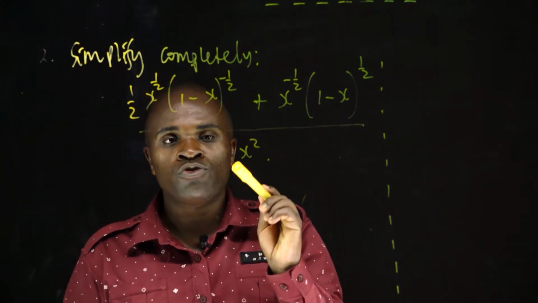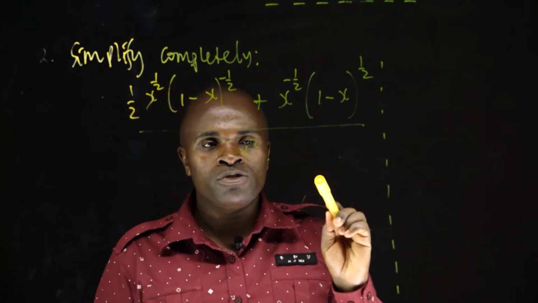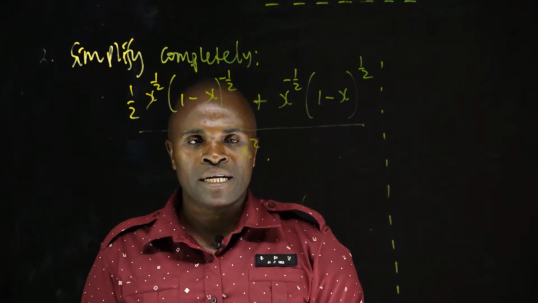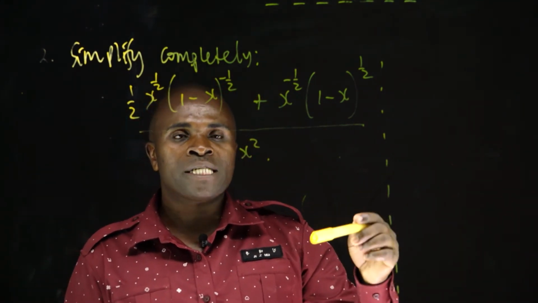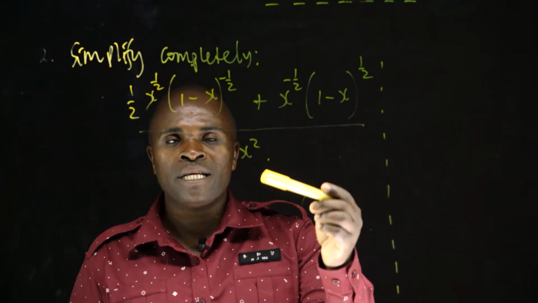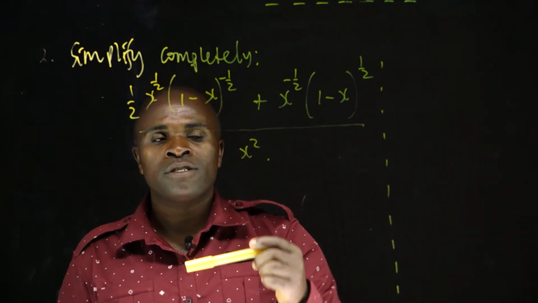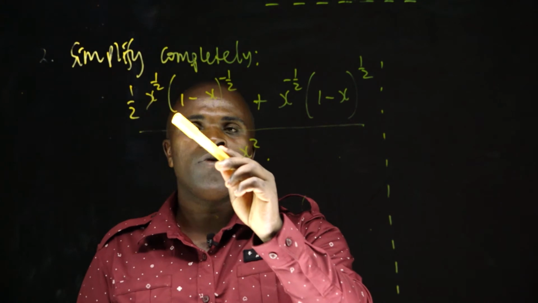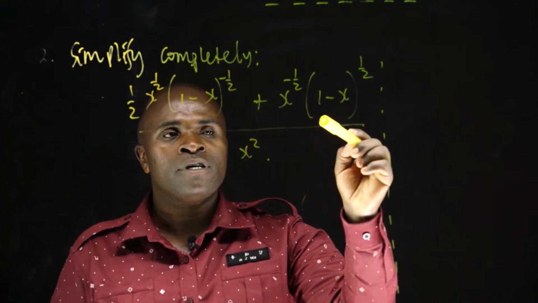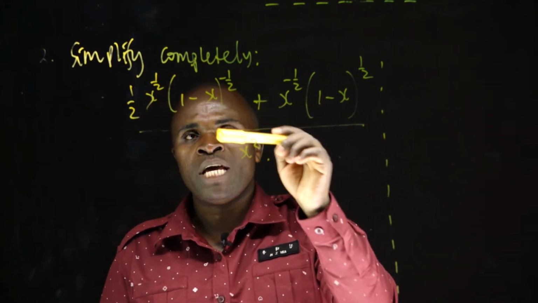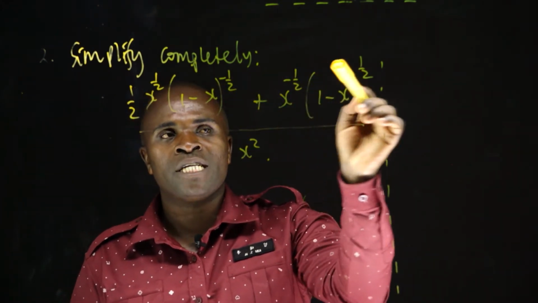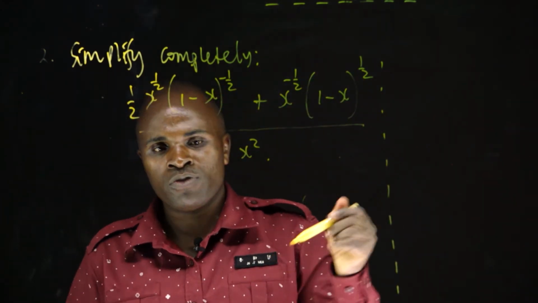It means the trick here is to introduce what we call a cancellation factor. A cancellation factor is a factor you introduce without affecting the expression. So look again: 1 minus x power negative half and 1 minus x power positive half. There is another base appearing the same but with a different exponent. So here we treat it like this.